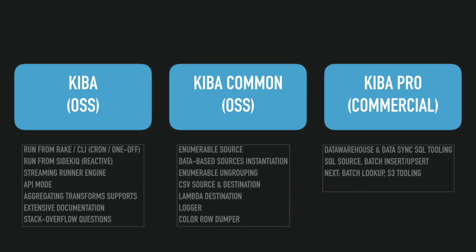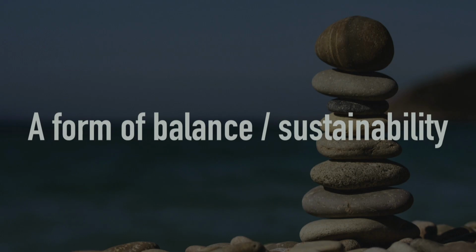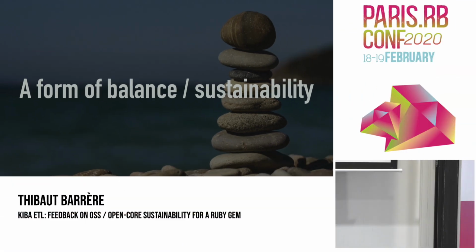And finally, start having a pro version, which for now focuses on fast SQL bulk insert and bulk lookup, so you can work on data synchronization that works well, working with batches rather than row by row. This works well with data migration as well. So this means that I've reached a form of balance, sustainability.